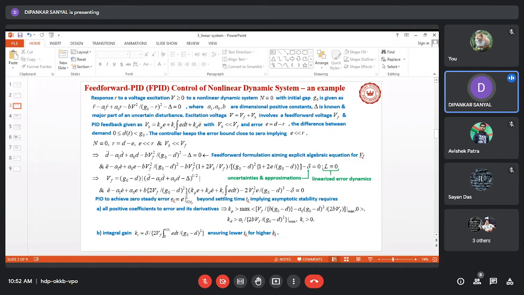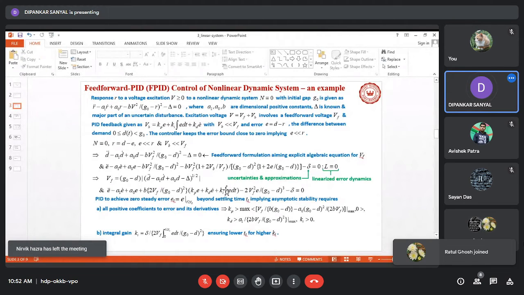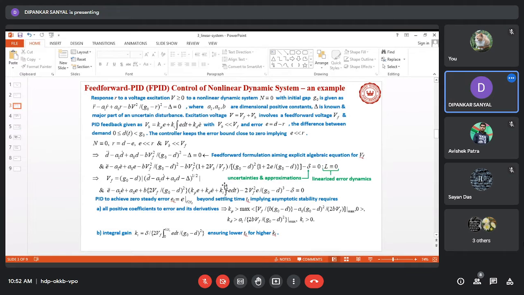And as I was telling about the eigen, when all the transient part is over, then this integral e dt may not be zero. It depends on how the variation goes. So when all the transient phase is over, beyond that time, if we have a constant value of this integral, and if that constant value multiplied by this exactly offsets this delta, then of course we can clearly say that the steady error will be zero.